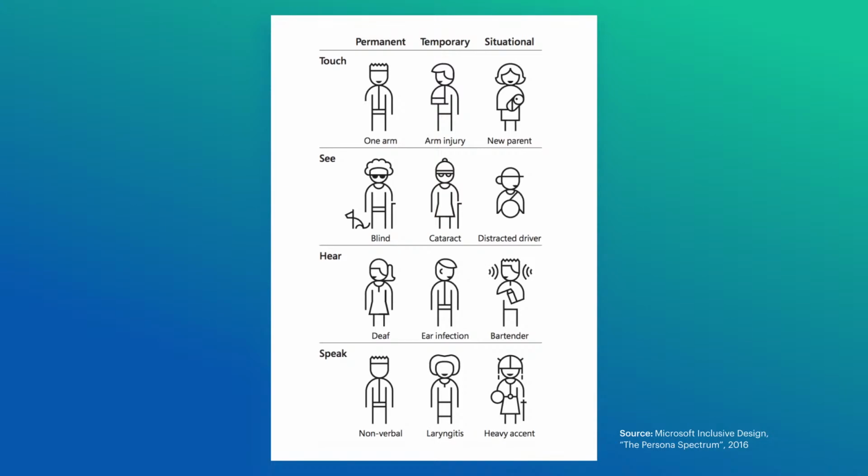The other thing that I think is really good here is that it showcases how many different ways somebody can be disabled, that it's oftentimes a dynamic and fluid state. And when we take this definition of disability, it's actually 15% of the global population.